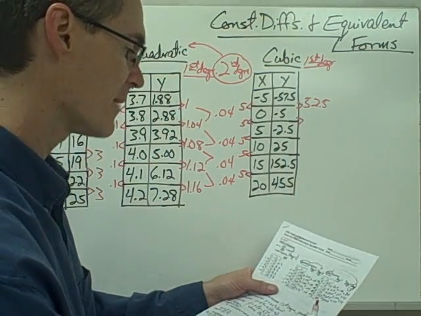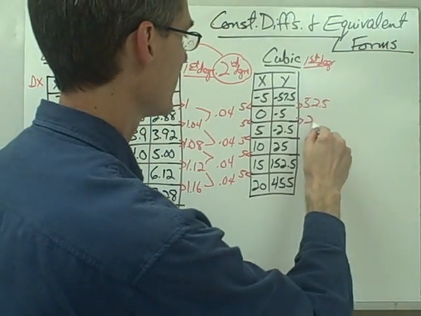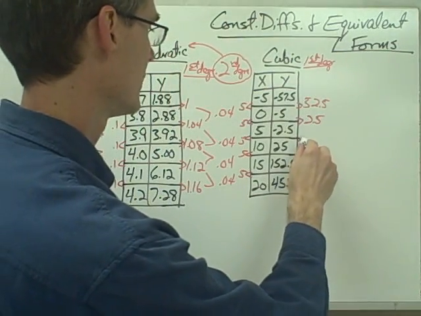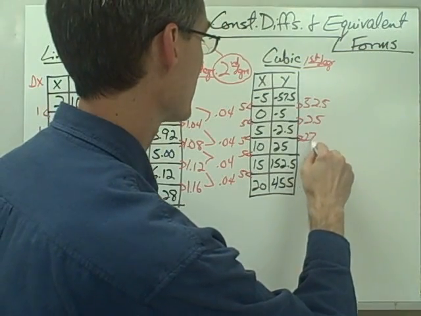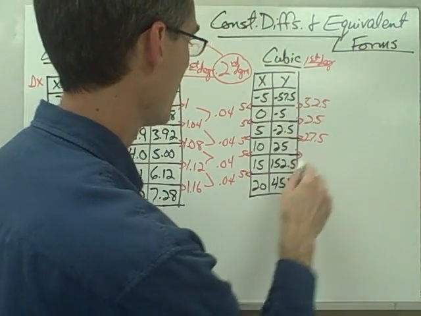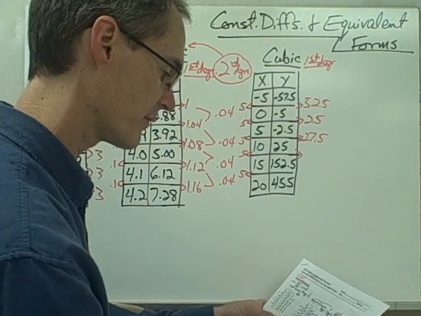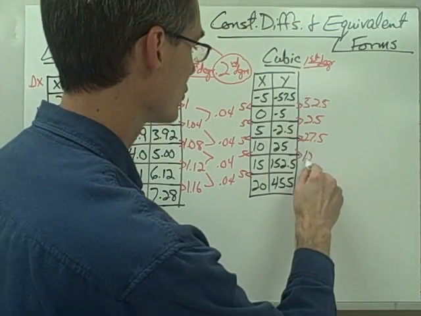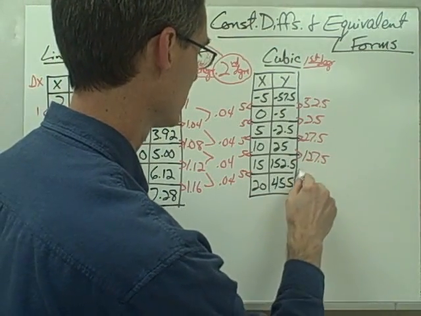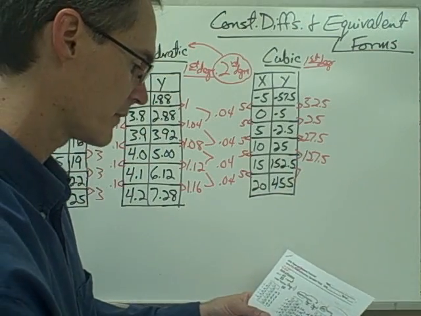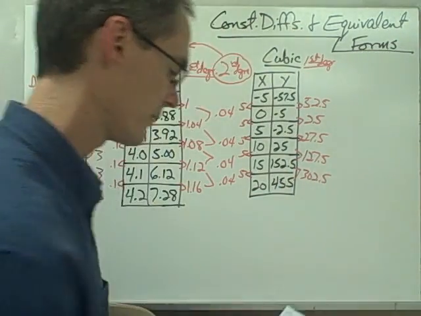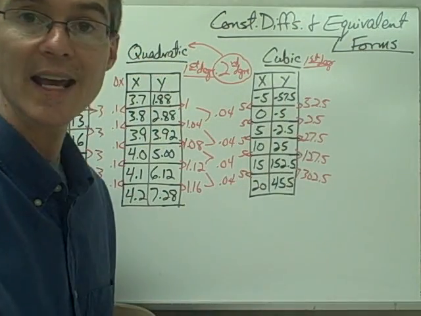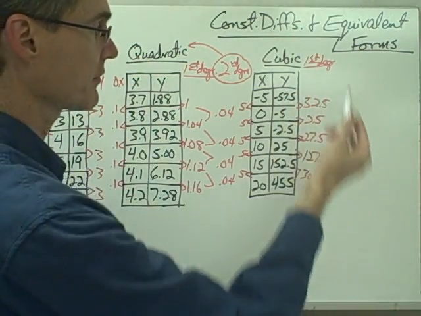Negative 2.5 minus negative 5 is 2.5. 25 minus negative 2.5 is 27.5. 152.5 minus 25 is 127.5. And 455 minus 152.5 is 302.5. And as expected, I do not have a linear function. I don't have a first degree function.